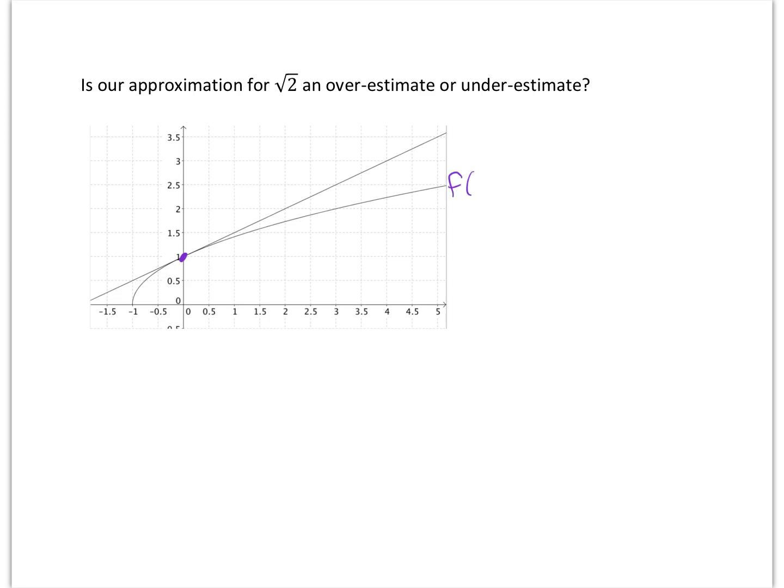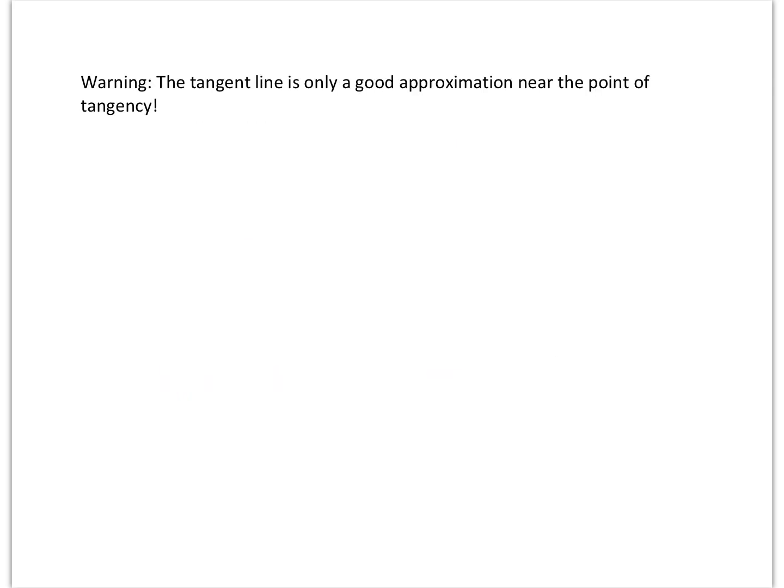So this is f, this is L. I wanted to know a value for f at x equals 1, but instead I plugged into the function L, and you can see that L is above the value of f at x equals 1. So this is an overestimate, and that happens because f is concave down, so the tangent line lies above the graph. Warning: the tangent line is only a good approximation if you're near the point of tangency.